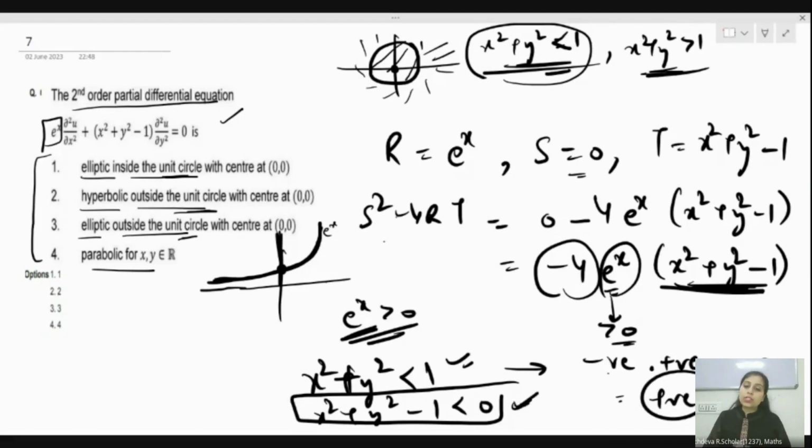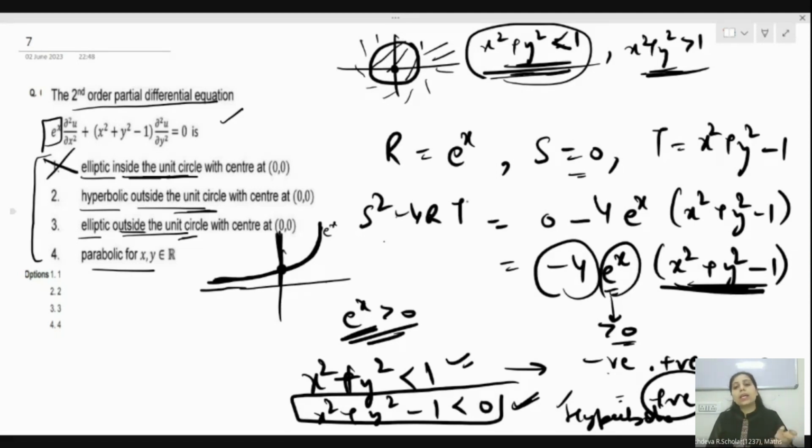So in this situation, the given equation becomes hyperbolic when we are taking the interior inside the unit circle. So inside the unit circle, the equation is hyperbolic. Here we have inside the unit circle elliptic; this will cancel out. Outside the unit circle, hyperbolic or not, that we will check.